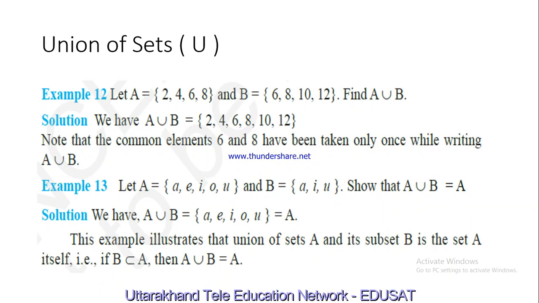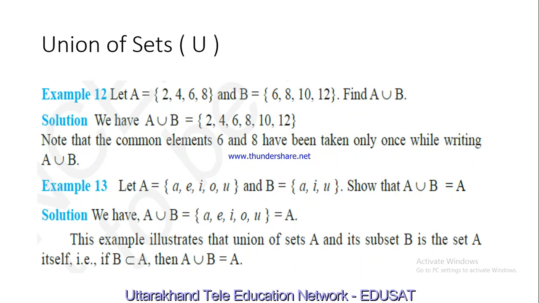So when you find out the union of a set and its subset, the union will have all the elements present in the set, and that is why A union B is also equal to A, E, I, O, U and equal to A. So the general principle is, whenever you find out the union of a set and its subset, the union will be equal to the set, which has happened here also.